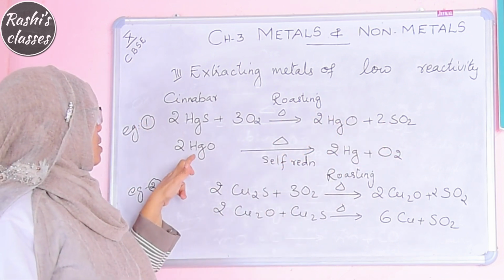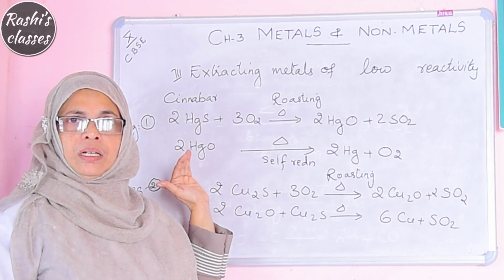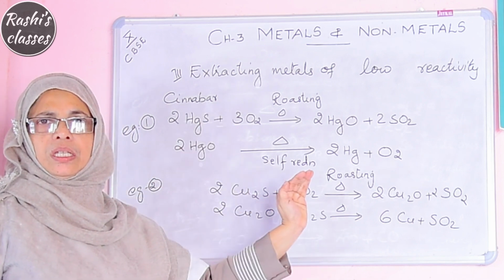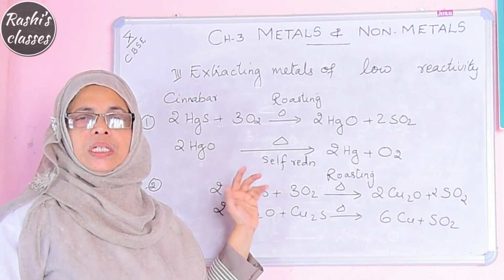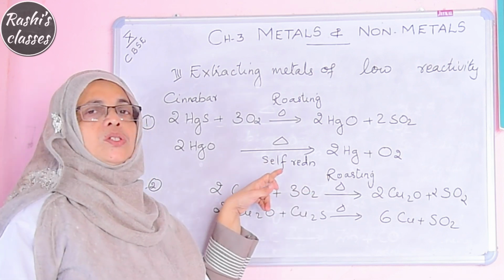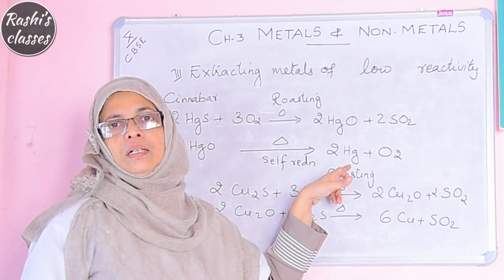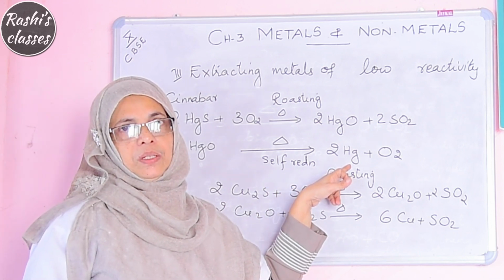Then this HgO, that is in the oxide form, we have to remove the oxygen. So we have to reduce it. But here no need of reducing, just heat it. It undergoes self-reduction and metal mercury is formed.